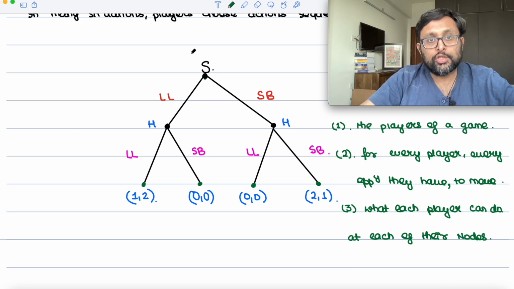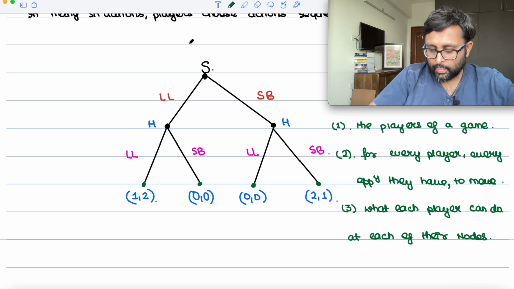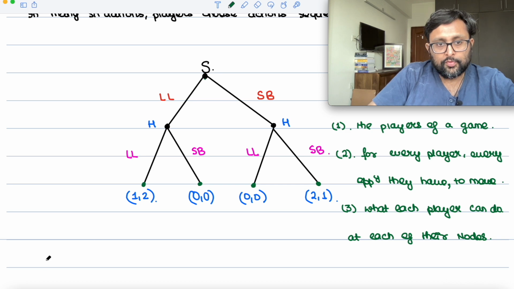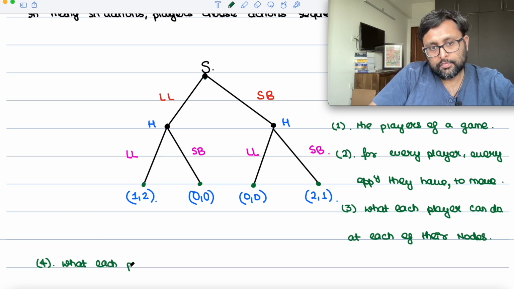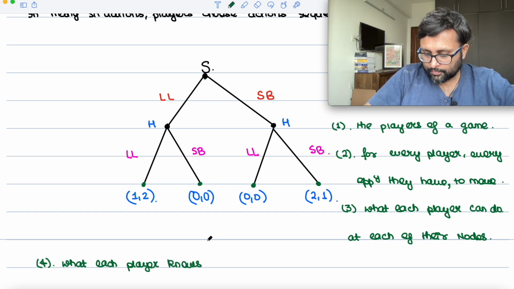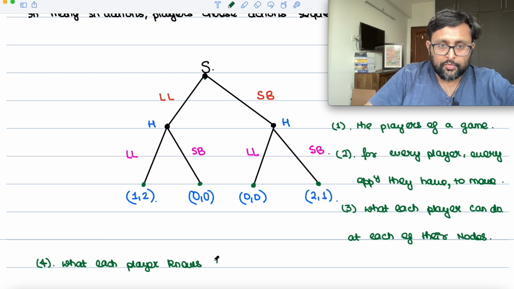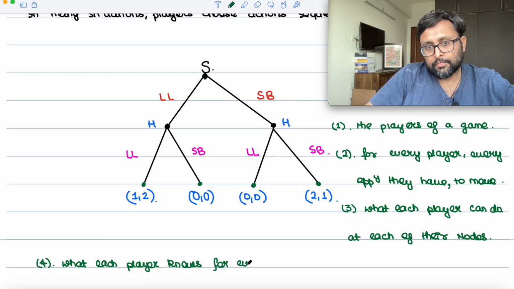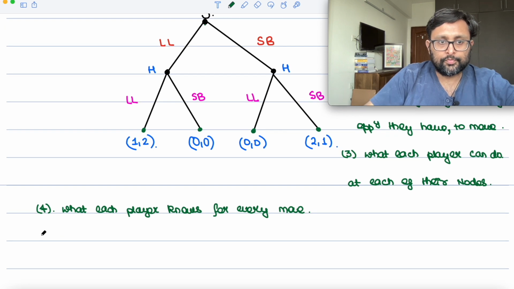She knows here that there is no history before her, so she is the one who is starting the game. What each player knows for every move.